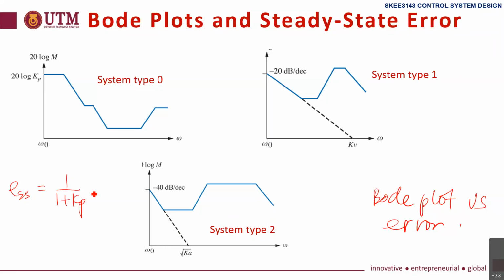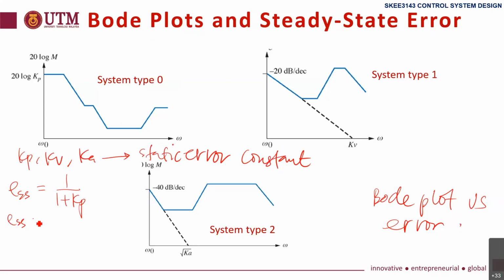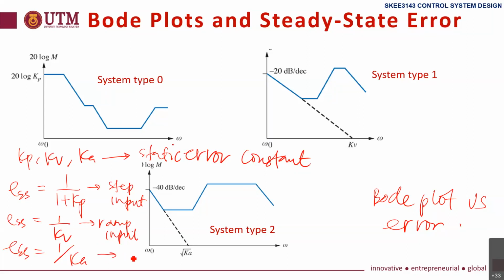Kp, Kv, Ka are called static error constants. Error is equal to 1 over Kv or 1 over Ka. This is for step input, this is for ramp input, and finally, this is for parabolic input. Remember that the error depends on the input.